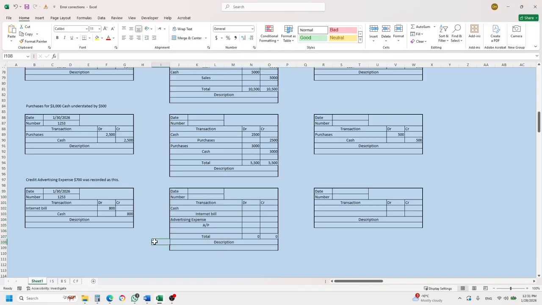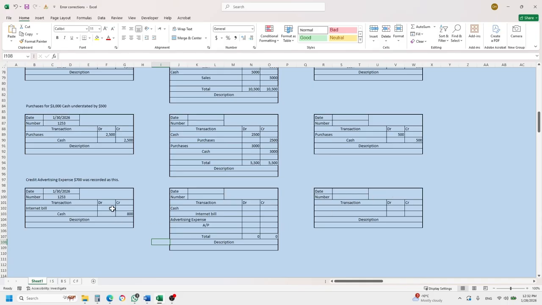The accounts affected: advertising expenses overstated, cash understated, accounts payable understated. The effect on the financial statement: cash understated, accounts payable is missing, equity understated, and operating cash flow overstated.